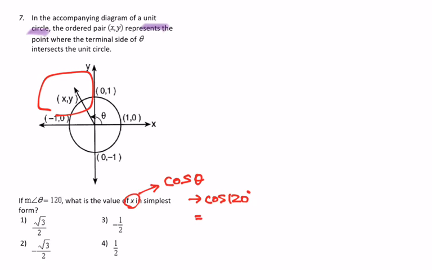Since it's in the second quadrant, cosine is negative, and the reference angle here is 60. So cosine of 120 is equal to negative cosine of 60. Cosine of 60 is 1/2. So negative 1/2 becomes our answer, which is choice 3.